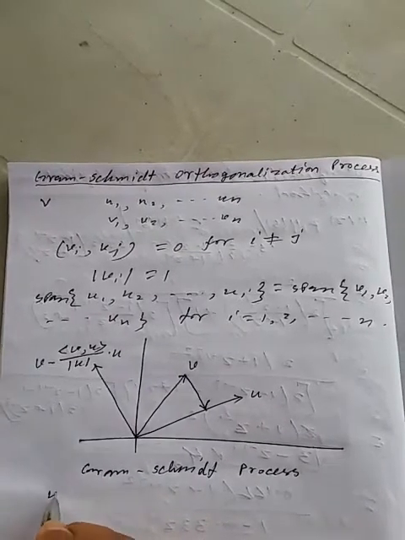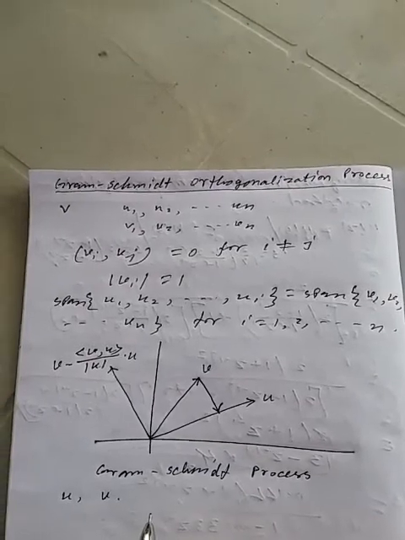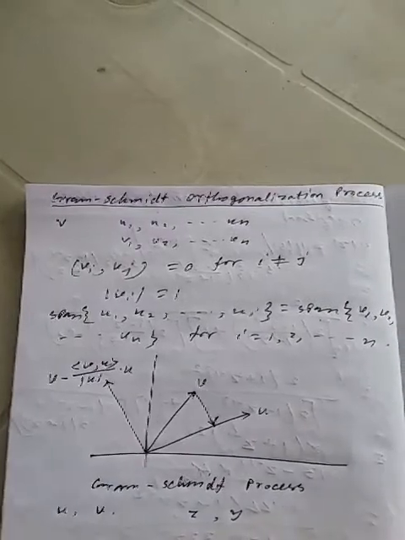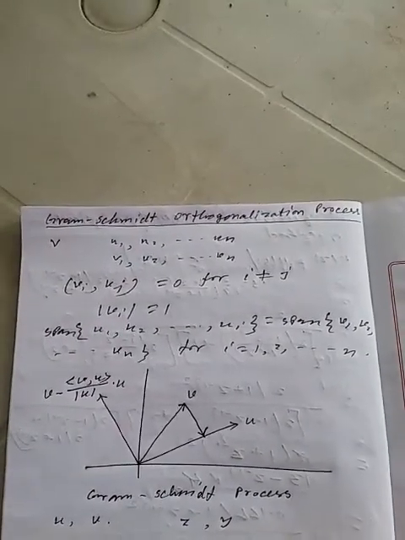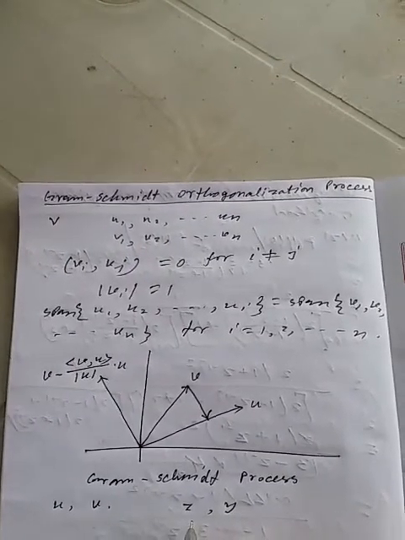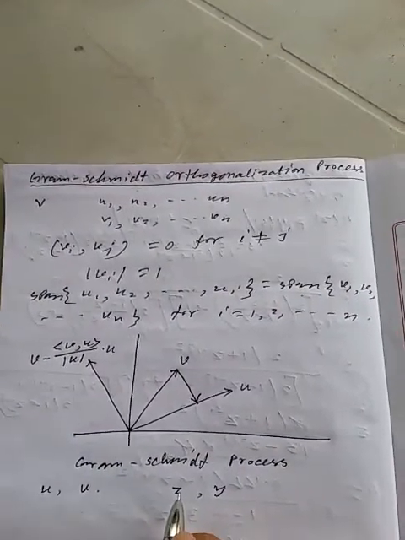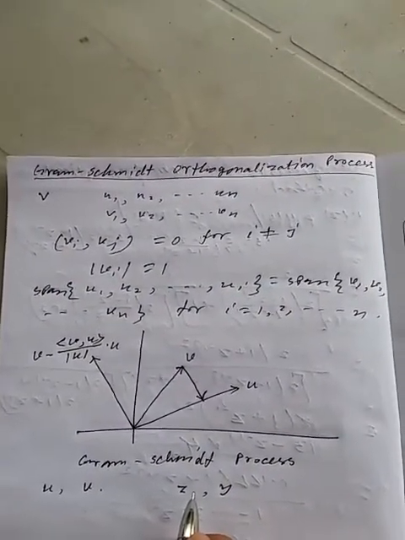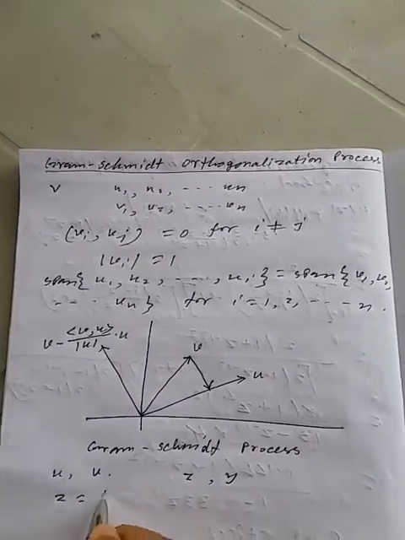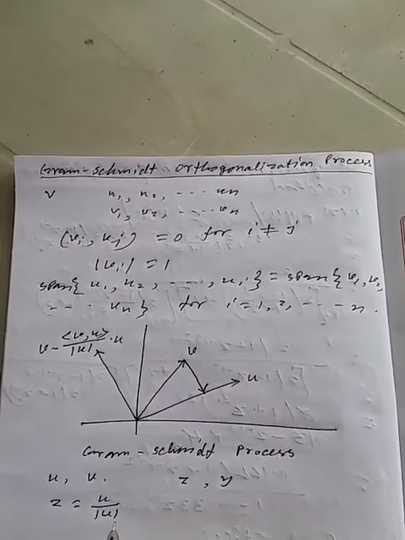If we want to get vectors z and y such that z is a unit vector in the direction of u, and y is a unit vector perpendicular to z, then they can be obtained as z equal to u by mod of u, as we know from vector algebra.